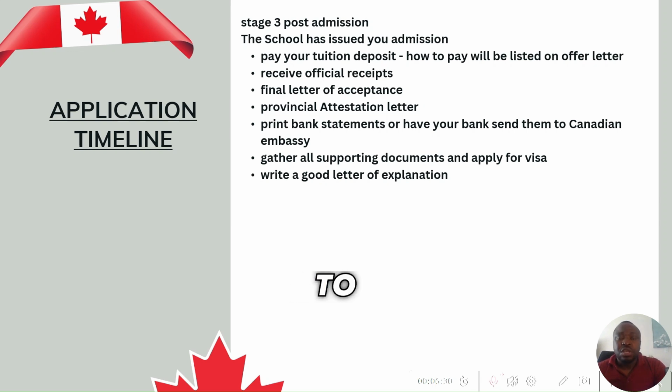However, when they fail to send it, request your final letter of acceptance and your provisional attestation letter. Print your bank statements or have your bank send them to the Canadian Embassy. Gather all other supporting documents and apply for a visa. At this stage, you might want to consider writing your letter of explanation or your statement of purpose.